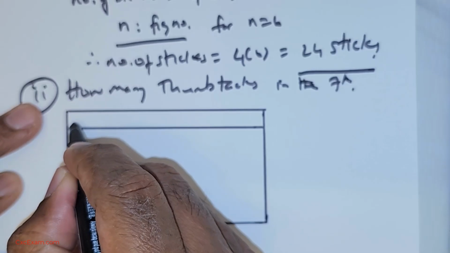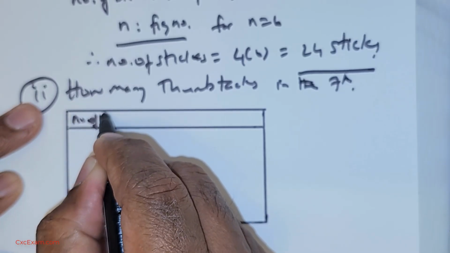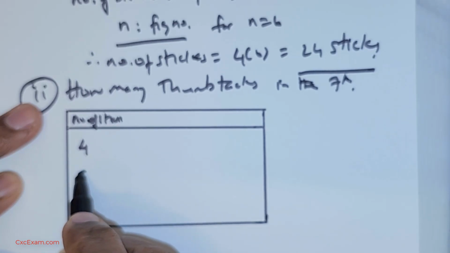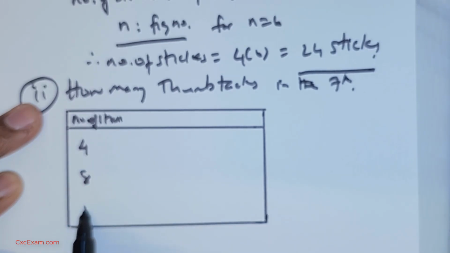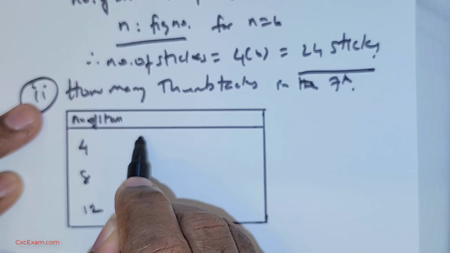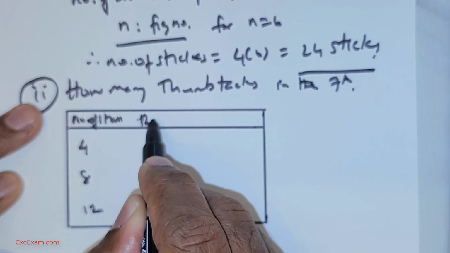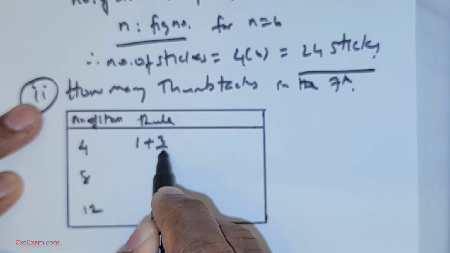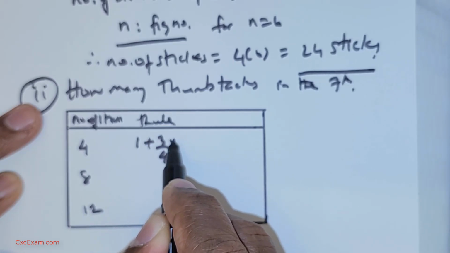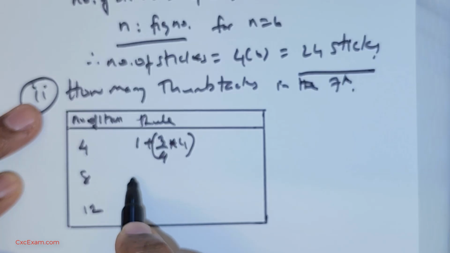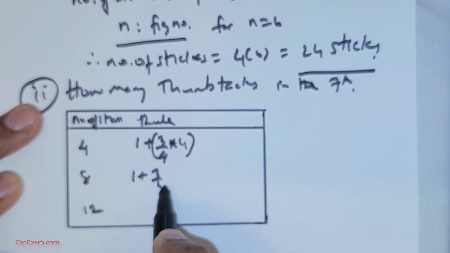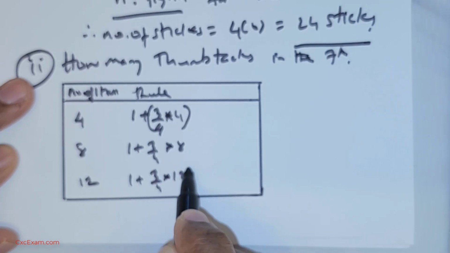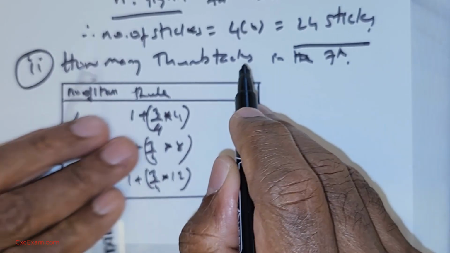So this is going to be the number of sticks. Number of sticks is 4, 8 and 12. This is the rule for connecting: 1 plus 3 over 4 times 4, 1 plus 3 over 4 times 8, 1 plus 3 over 4 times 12. This is the rule given.